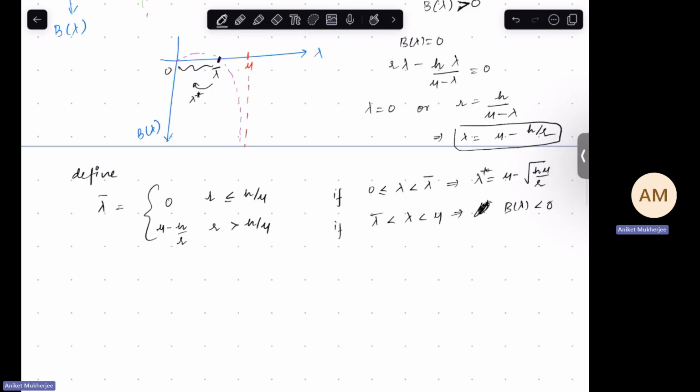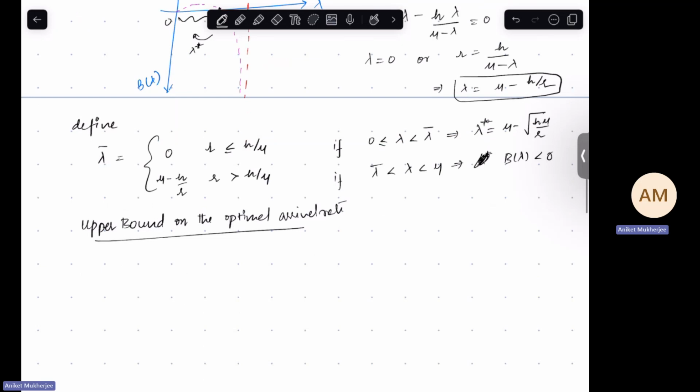Right. So we have got an upper bound on the optimal arrival rates, right? So let me state this again.